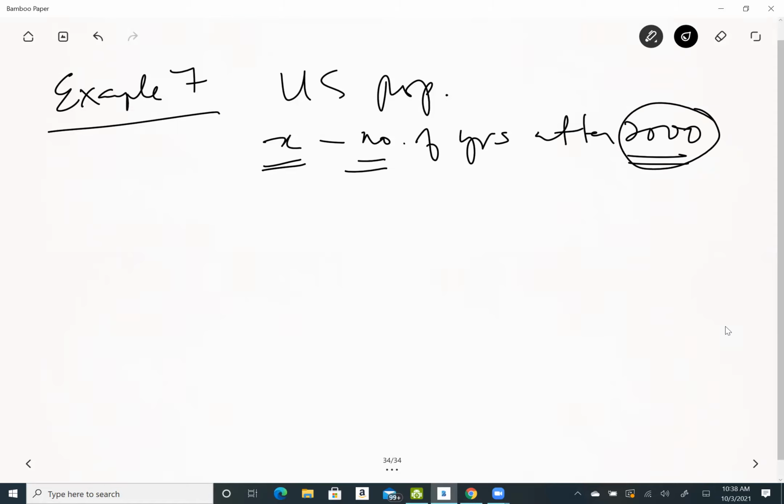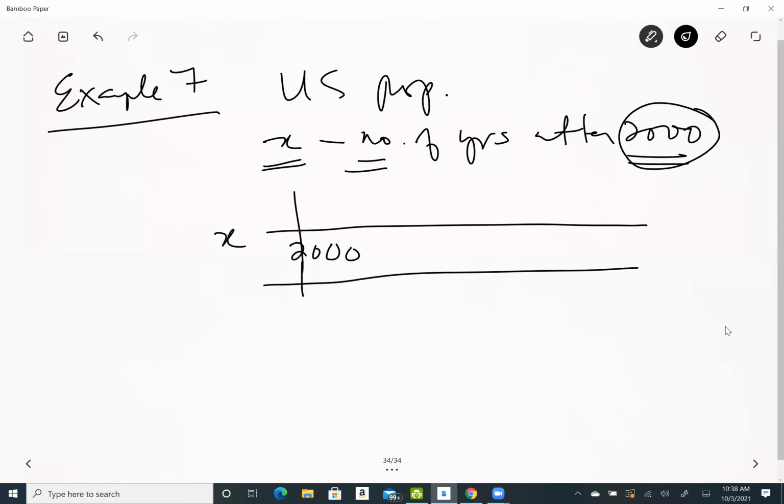So when you have this kind of variable, we convert the year into the number of years. So you got the x here. 2000 is the beginning year. So 2000, the beginning year, in terms of the number of years, is 0 at the starting point.